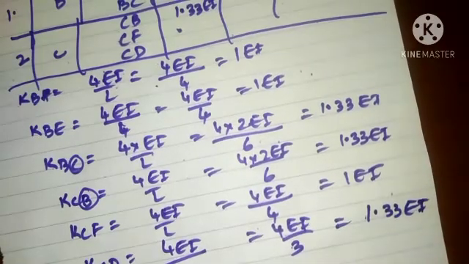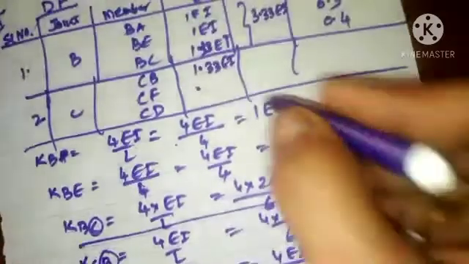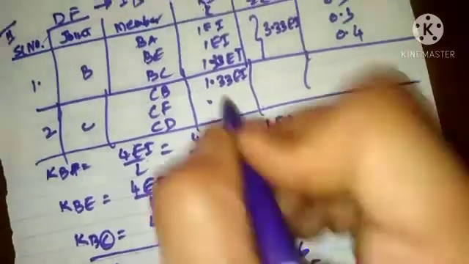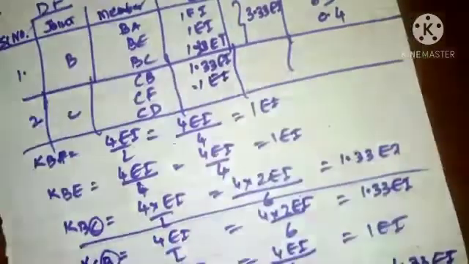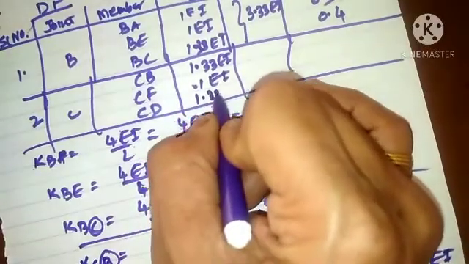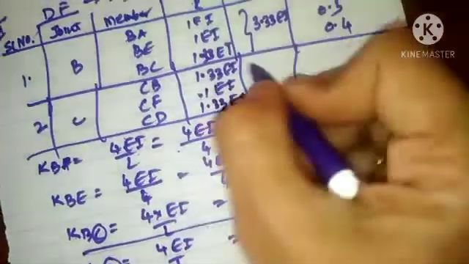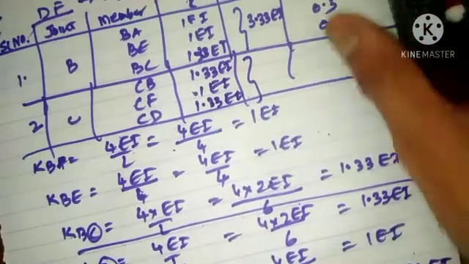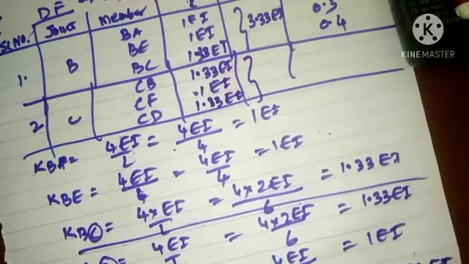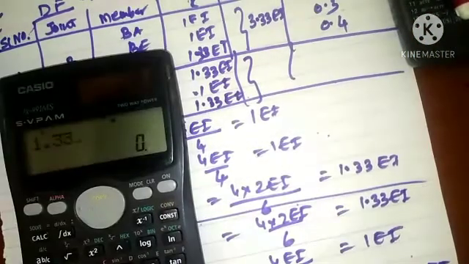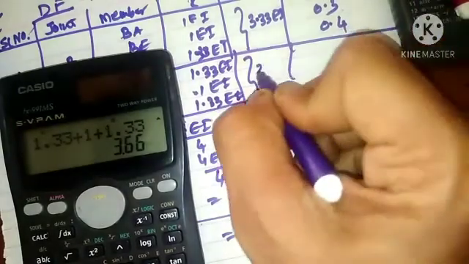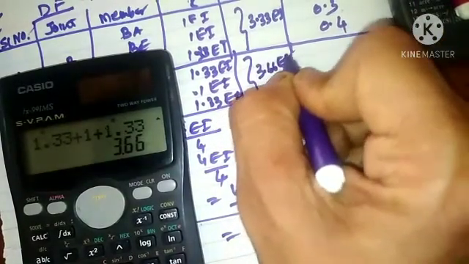So we shall write these values here. First one is 1.33, KCF is 1 EI, KCD is 1.33 EI. The total value shall be 1.33 plus 1 plus 1.33, which comes as 3.66 EI.